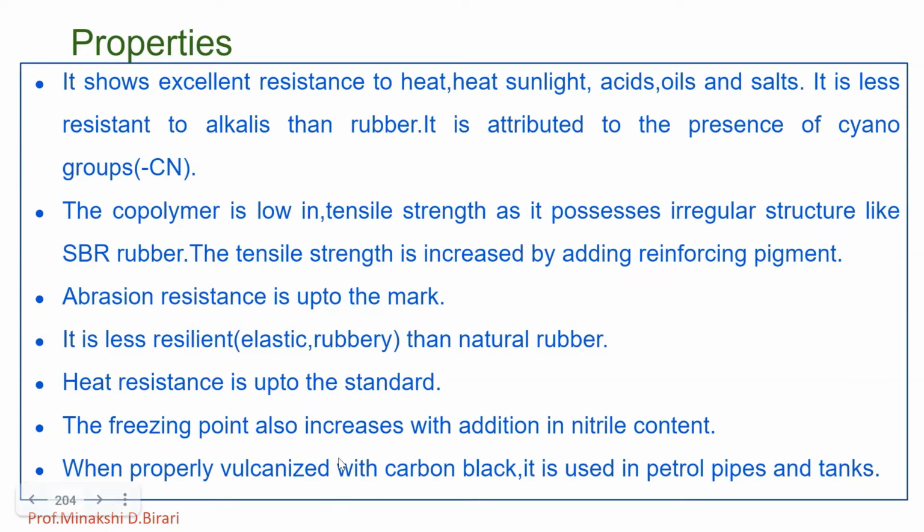When properly vulcanized with carbon black, it is used in petrol pipes and tanks. The vulcanized nitrile rubber is more resistant to heat and aging than natural rubber and may be exposed to high temperature, so when properly vulcanized with carbon black, it is also used in petrol pipes and tanks.